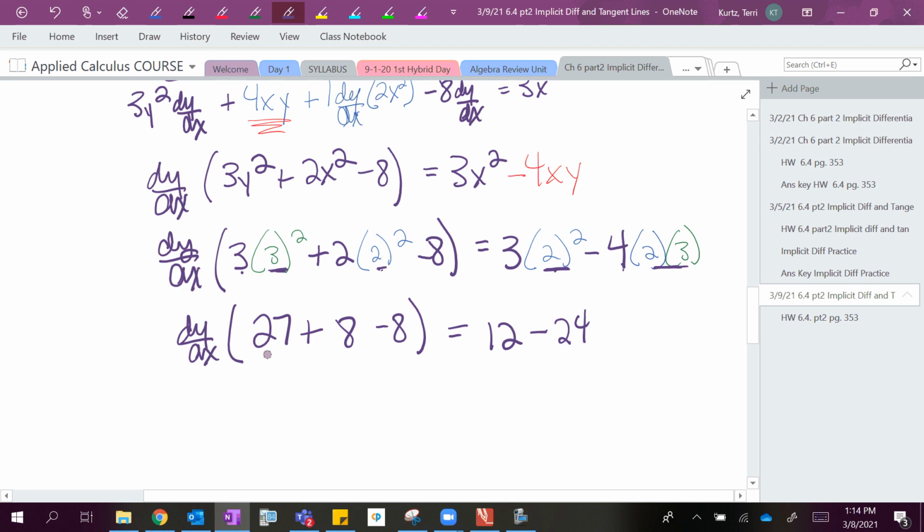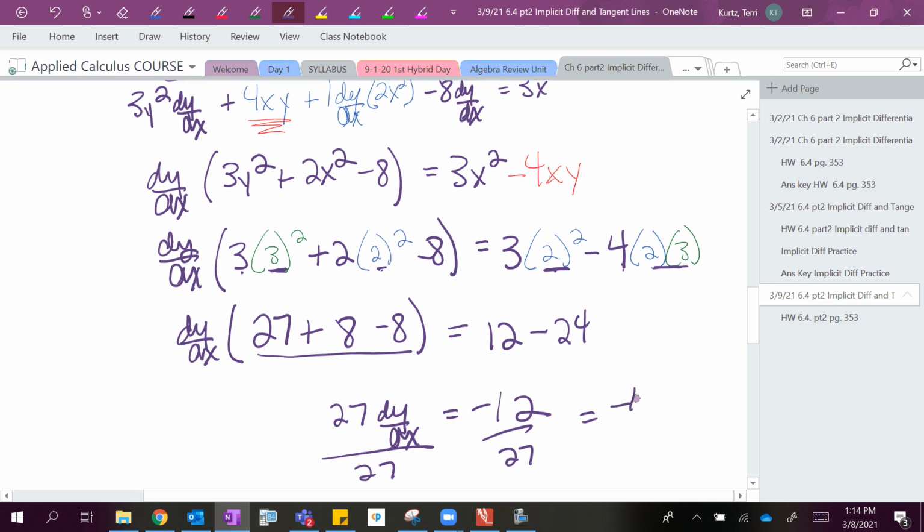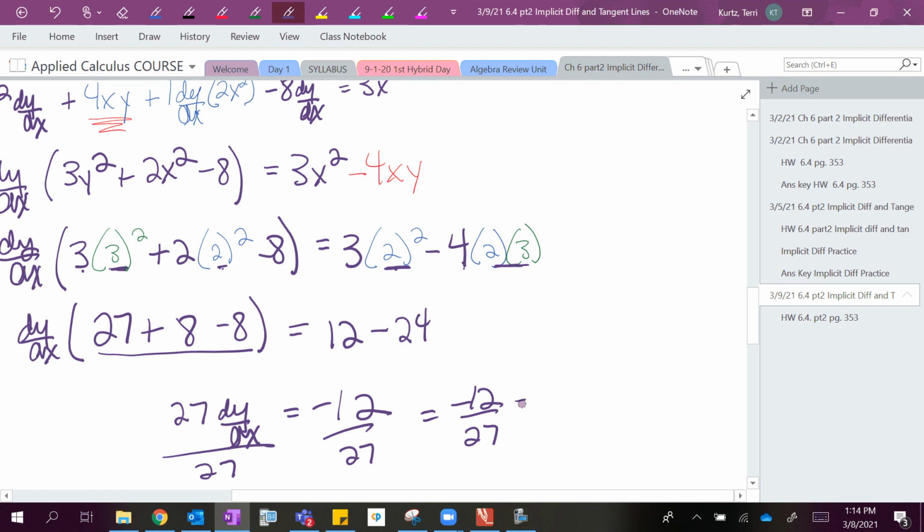Now when I simplify this, 27 plus 8 minus 8 gives me 27 dy/dx equals negative 12. I divide by 27 and I get negative 12 over 27, which if I take out a 3, I get negative 4/9. So that's my dy/dx, and that's also my slope.